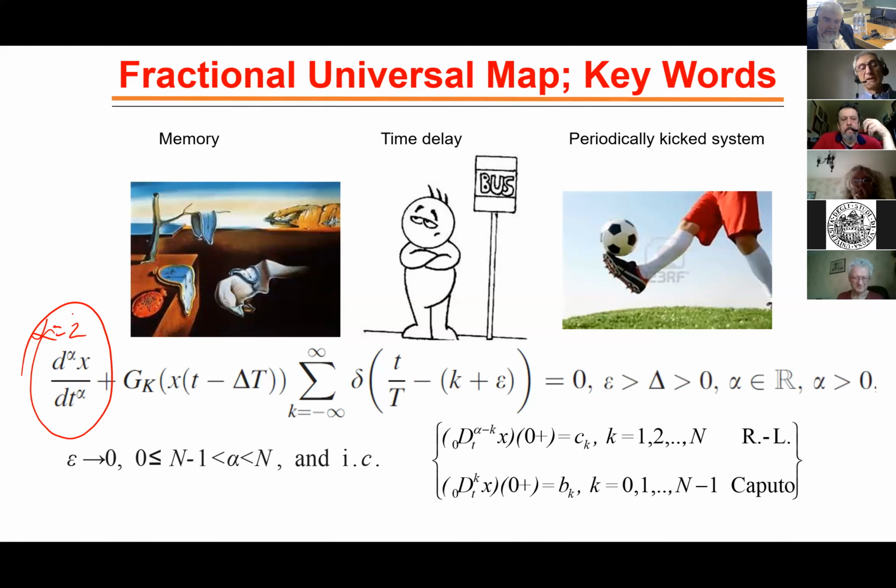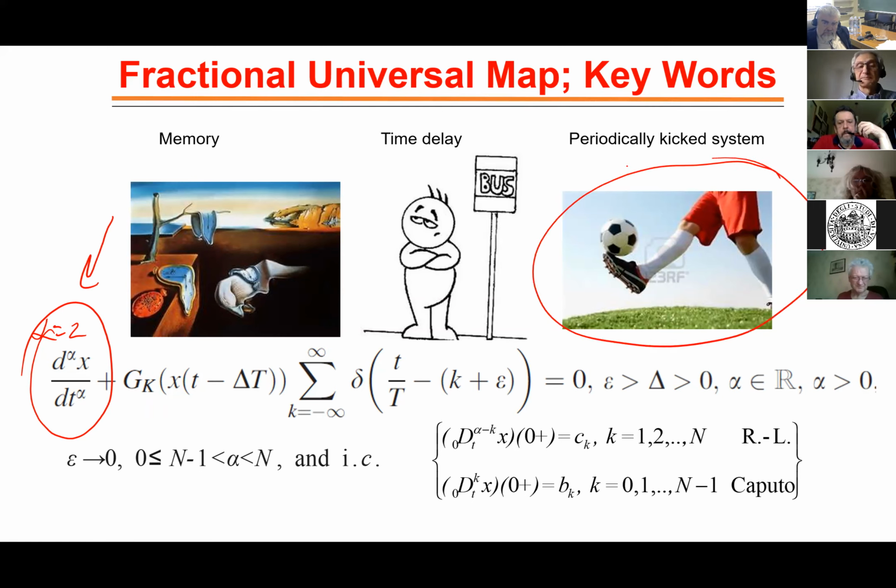Now, if you substitute a non-integer value for alpha, one is getting a system really with memory in the spirit of fractional calculus. And this is the key element, memory, to define the fractional universal map. Another key is kicks.